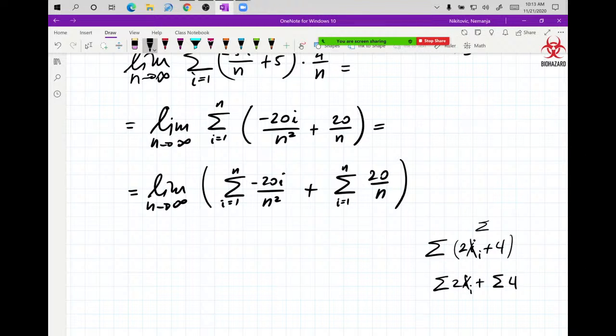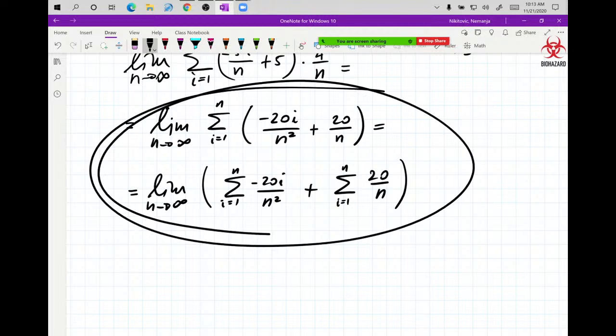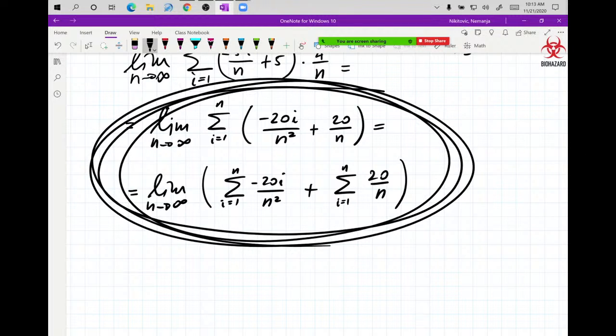So you have 2x1 plus 4, 2x2 plus 4, blah, blah, blah. And over here you have 2x1. Yeah, it's the distributive property. Okay, cool. I just wanted to check. Anyway, each one gets its own sum.